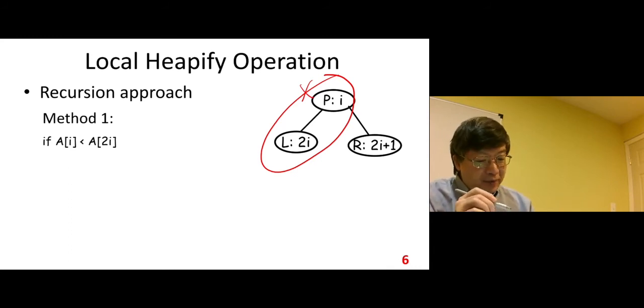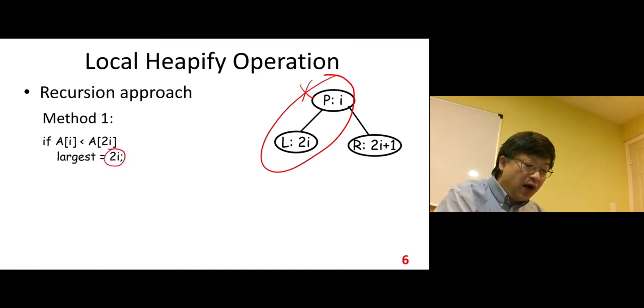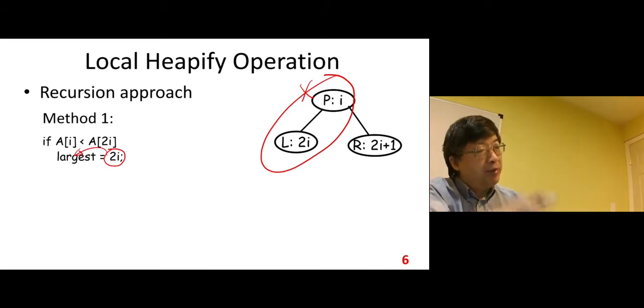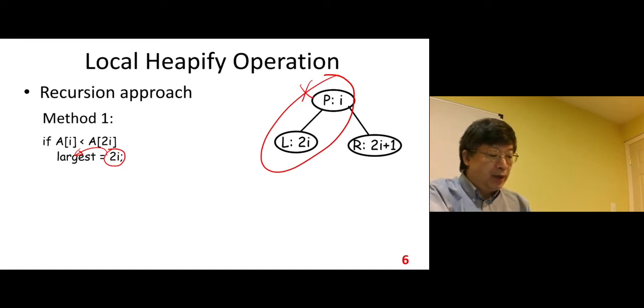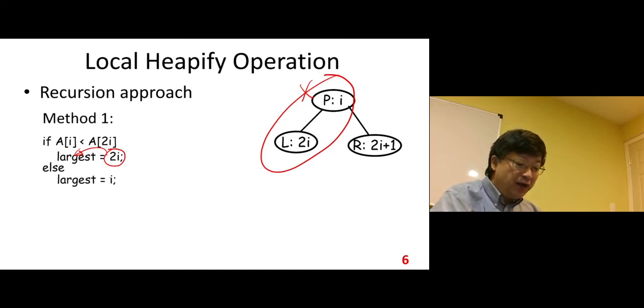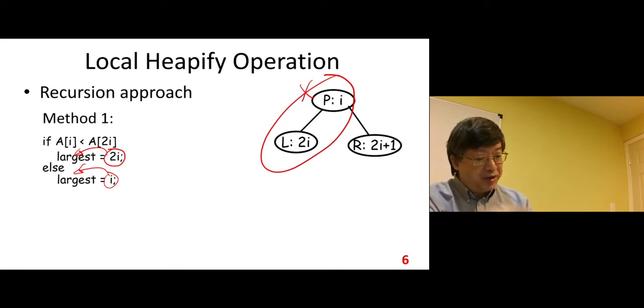After that, we store this 2i in a variable called largest, temporarily. Else, the opposite, so actually that's no violation. In that case, we store i in this largest variable. So in both cases, largest contains the index of the node with the larger value.